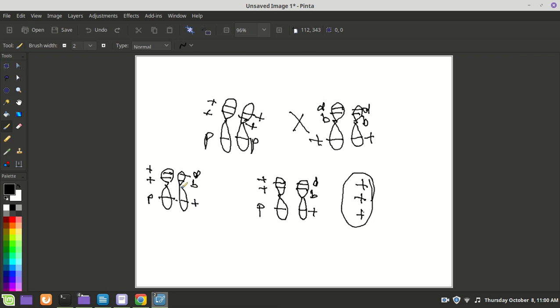And of course, if you cross these, you should only get two combinations. You're going to get one with this one, and therefore you could cross it and get another one of these.